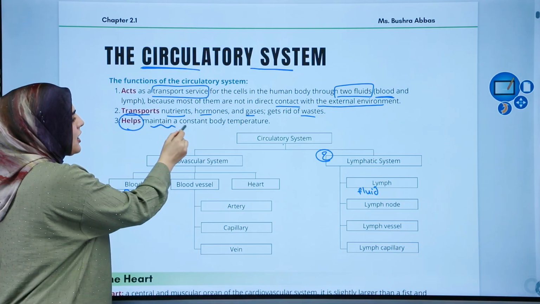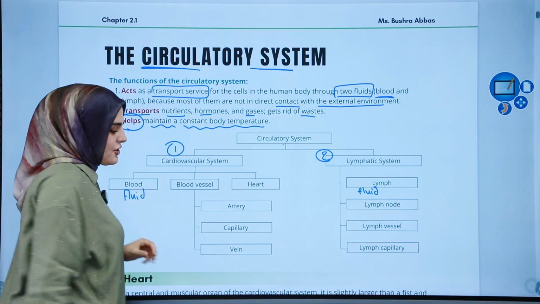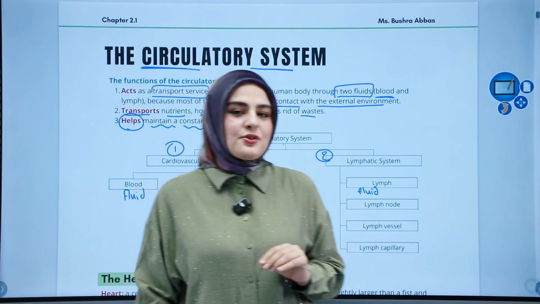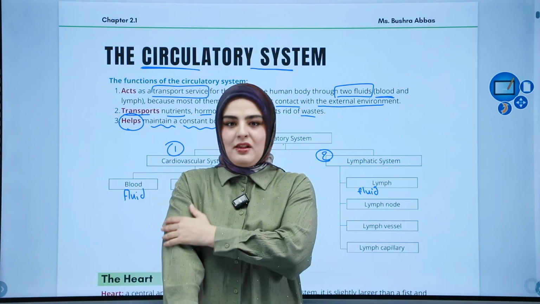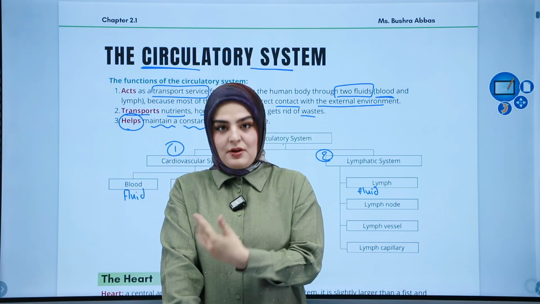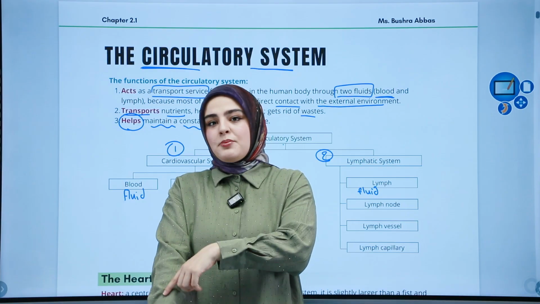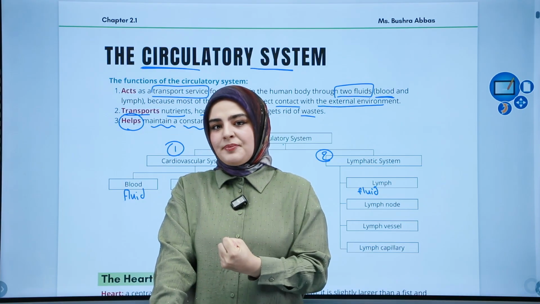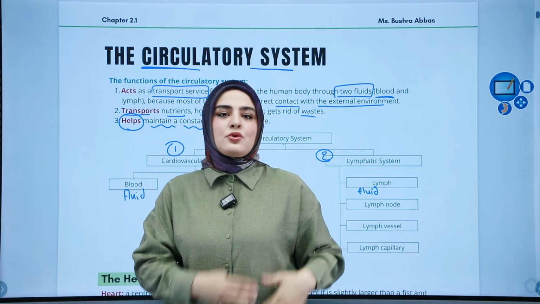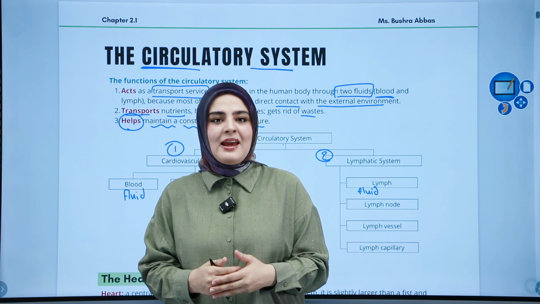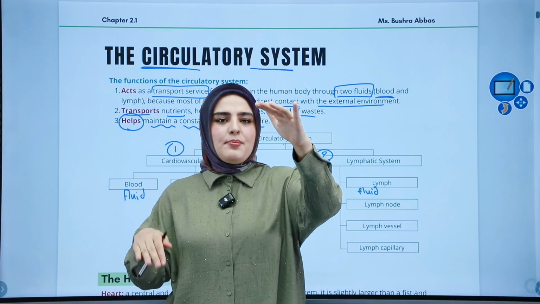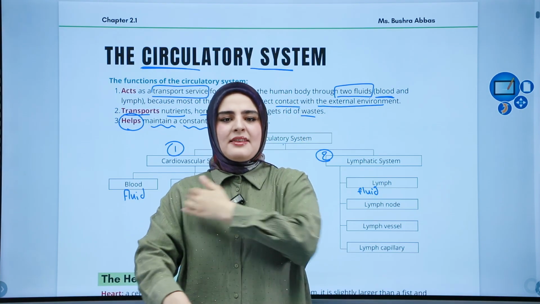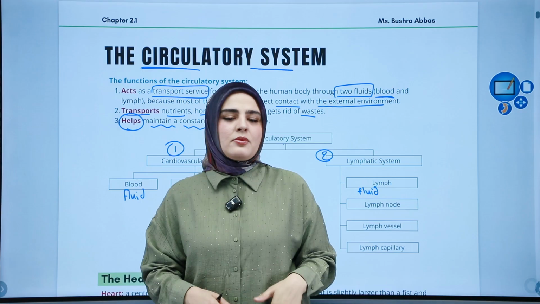It helps maintain constant body temperature. Blood, unlike what you think, is a conductor. If the muscles create a lot of heat because they are moving, the blood moves there and picks up the heat, and then when it goes to the visceral organs, the organs in the body, it gives off that heat there. So the temperature of the blood rises, and then it gives it to somewhere else.